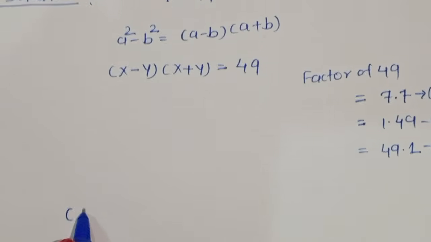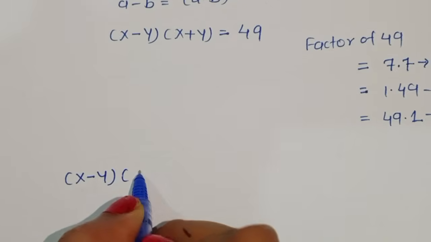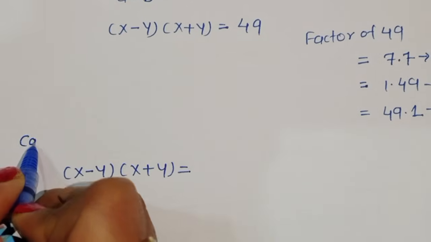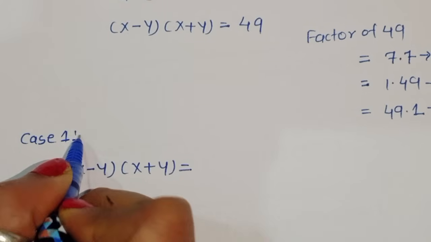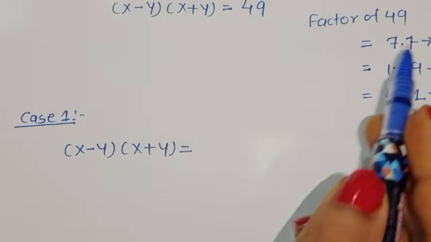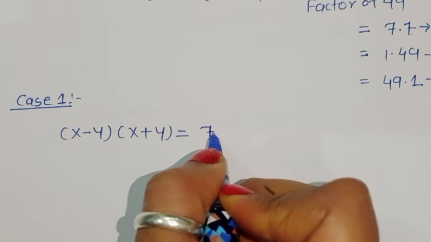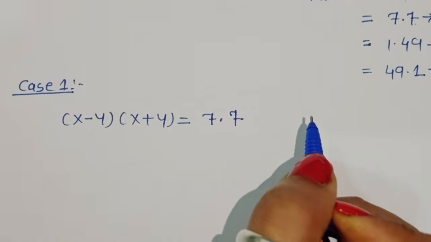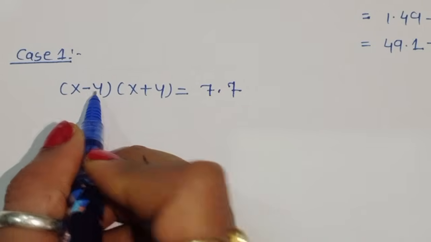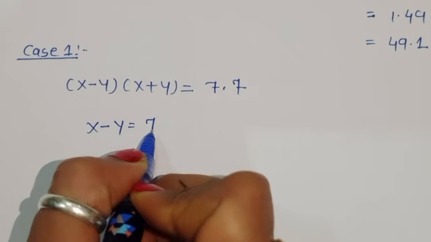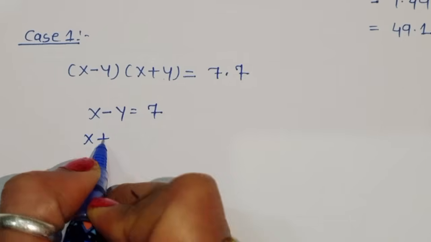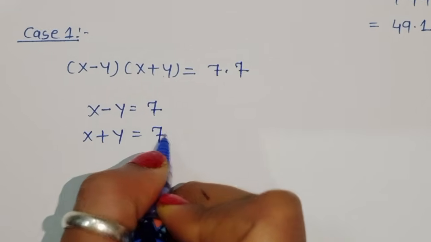So we can write this one, x minus y times x plus y is equal to 7 times 7, this is case 1. Now we can consider the first equation, that is x minus y is equal to 7, and the next one is x plus y is equal to 7.